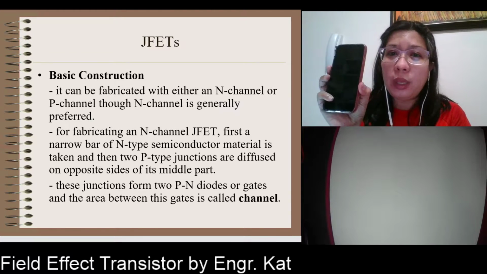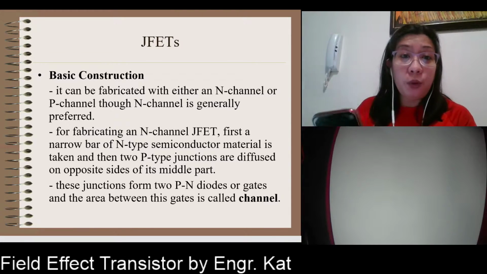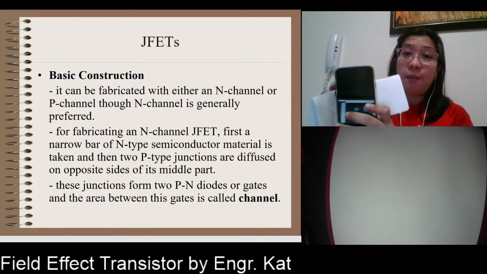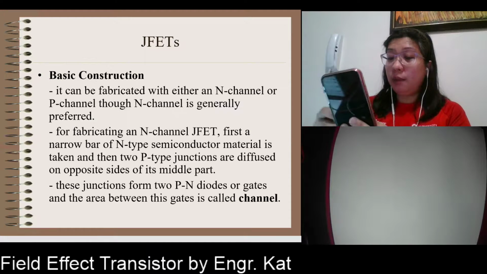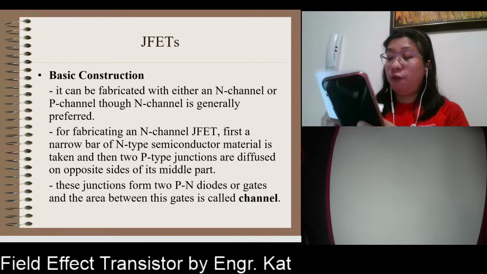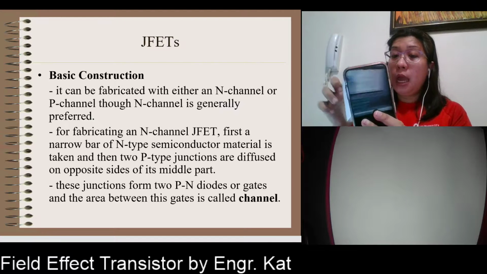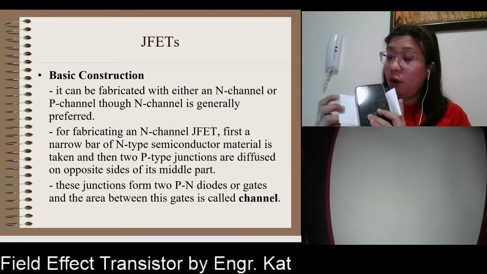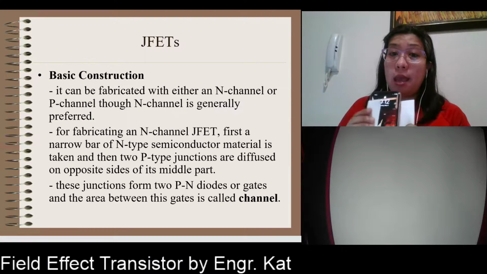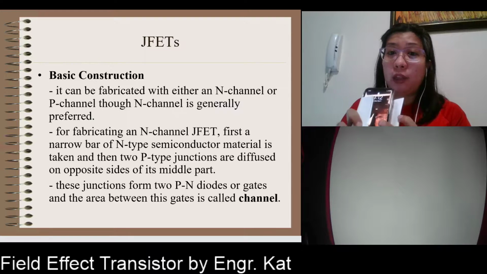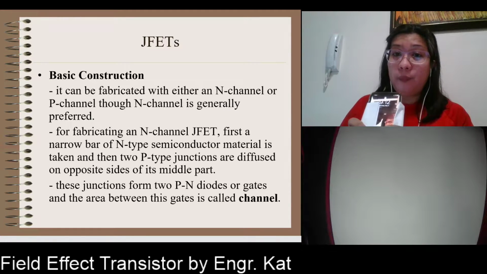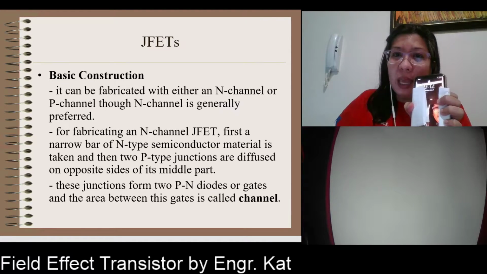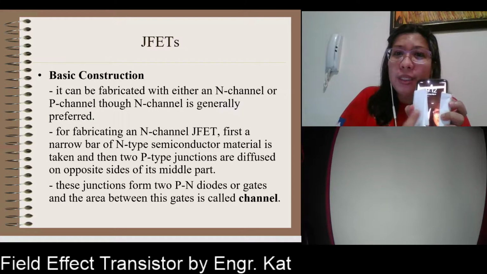What we are going to do is diffuse a P-type material, I mean embed it, on the opposite sides of my narrow bar material. So this is the N channel, this is the N type material, and these two produce the gates.